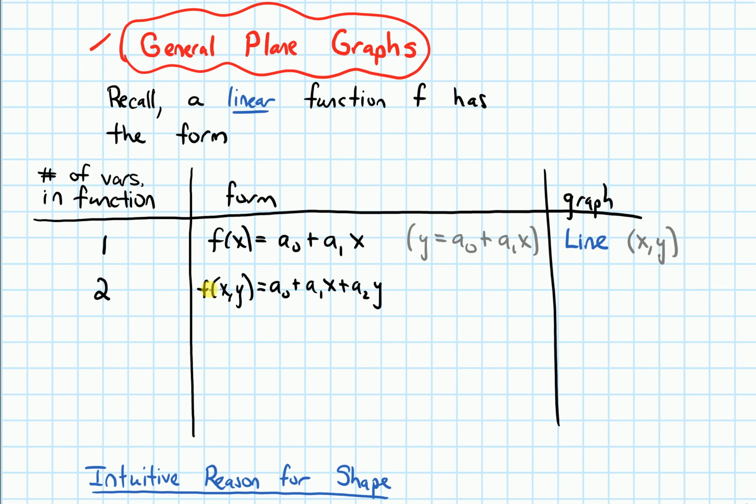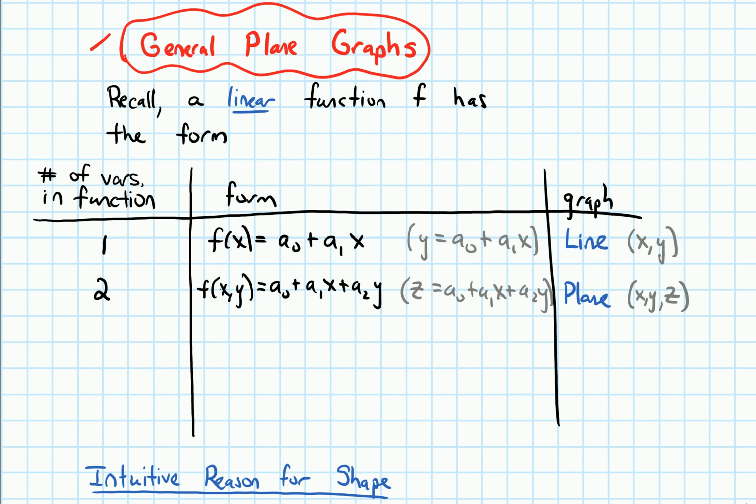We'll replace the f of x comma y with a new variable like z, and get z equals a naught plus a1x plus a2y. So when you go one variable higher like that, the graph is going to be one dimension higher. So it turns out that this graph is going to be a plane, because a plane in some sense is one dimension up from a line. And the variables in this equation, the input variables were x and y, and the output we called z.